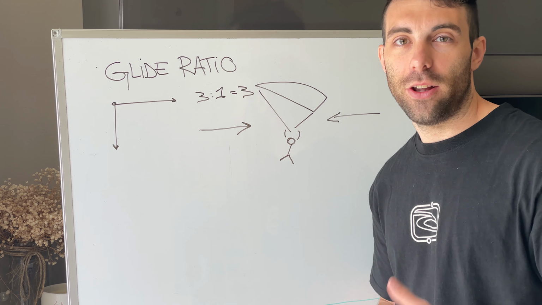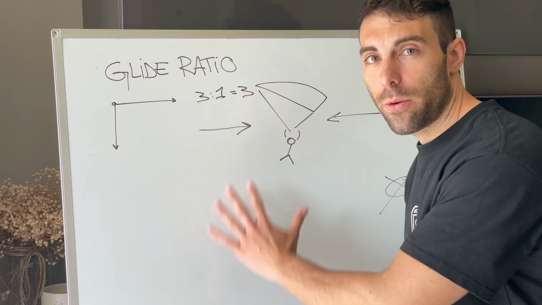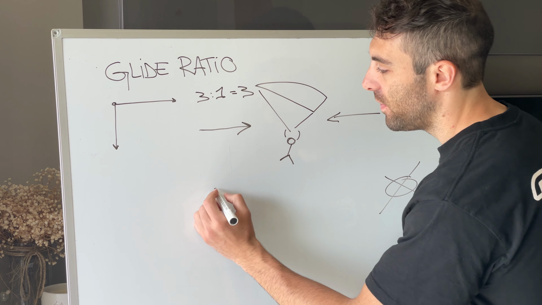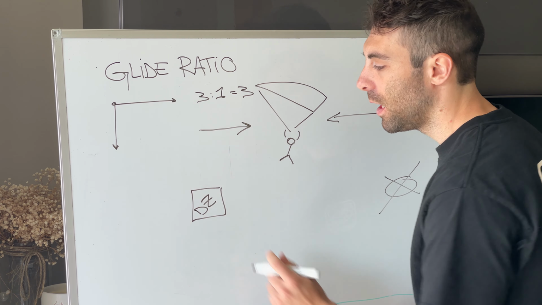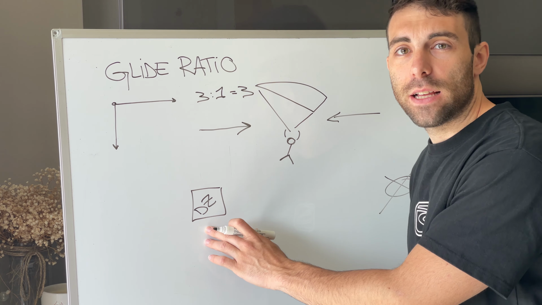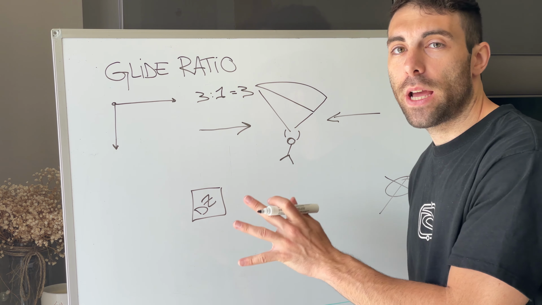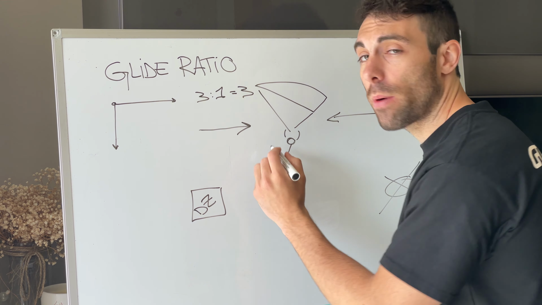And last but not least, you gotta know your drop zone and your area. So for example, if this is the drop zone, each drop zone probably has a map where you have the top view of the surrounding area.